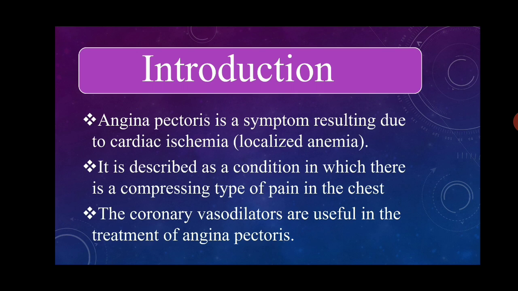Any injury or disease of these blood vessels creates cardiac ischemia, which shows the symptoms of angina pectoris, a condition in which there is a compressing type of pain in the chest.